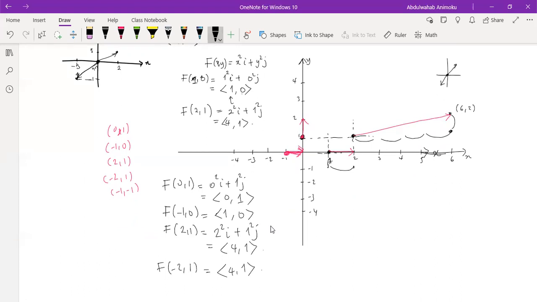Now, this vector 4, 1 at minus 2, 1. Where's minus 2? X is minus 2 and Y is 1. So this is at this point. Don't forget, we move in the Y direction 1 unit and in the X direction 4 units.